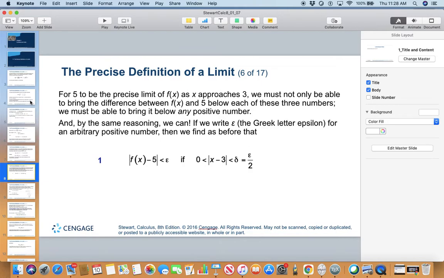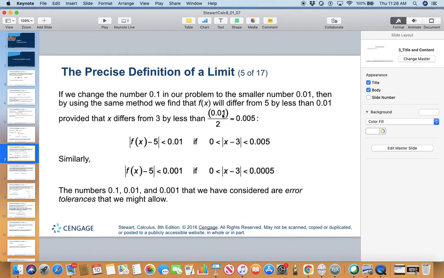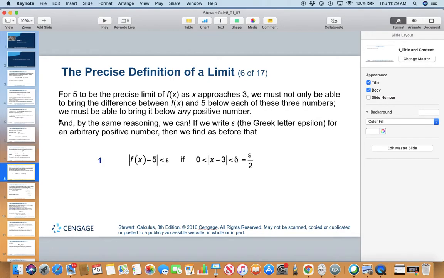You see, we just saw 0.01 and 0.001. In the previous page, we saw 0.1. Well, these are just 3 numbers. For any positive number, we should be able to do this.